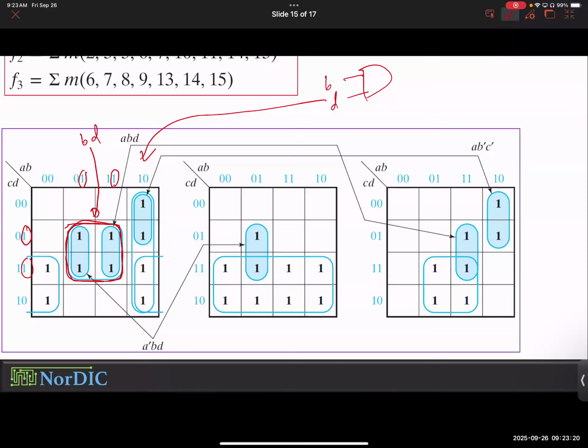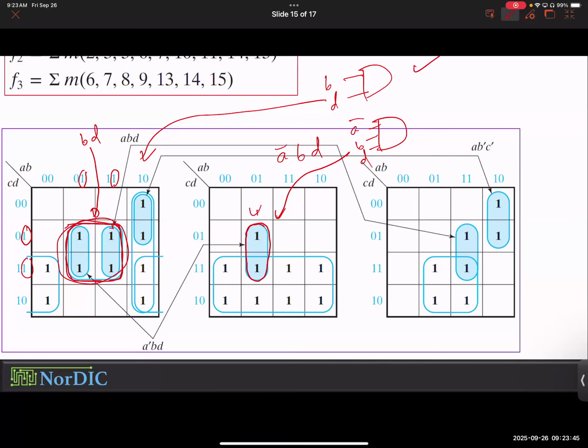Okay. When you get to the next function, what will you need to implement this one? Let me do it quickly. A prime B D. So you need another AND gate with A prime B D for this function. Are you paying attention? Are you with me? So to incorporate this group in a functional format, you need a logic gate.